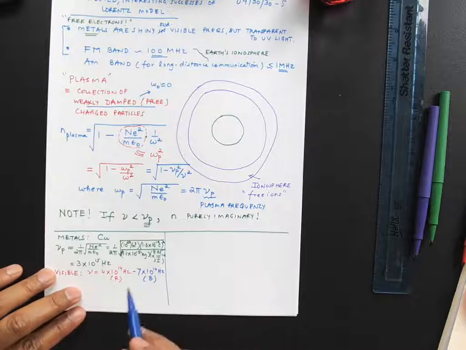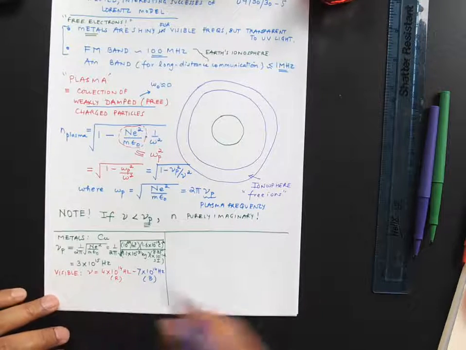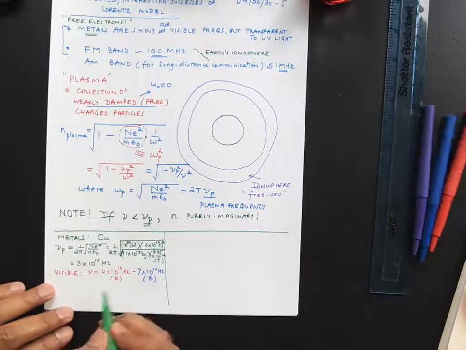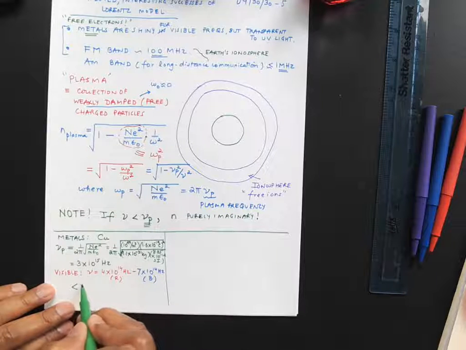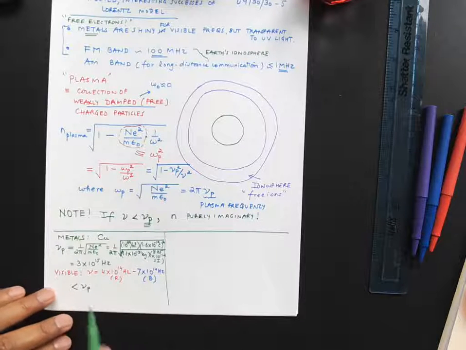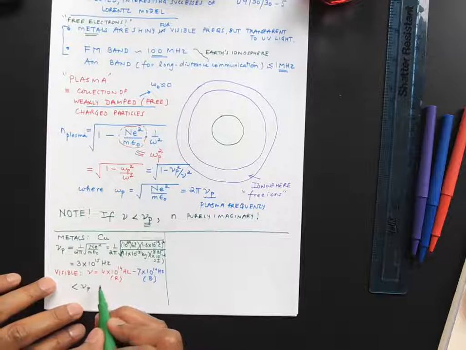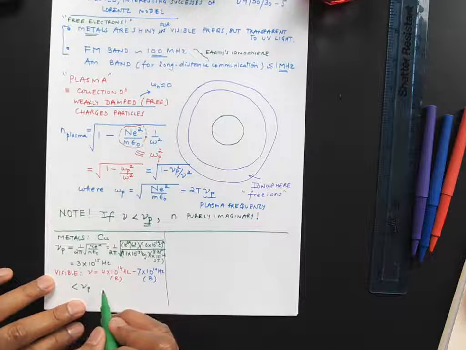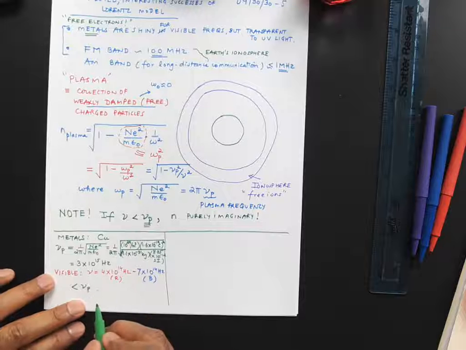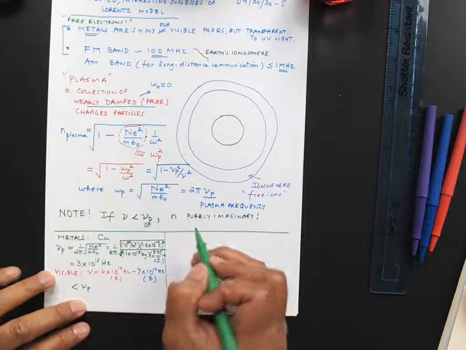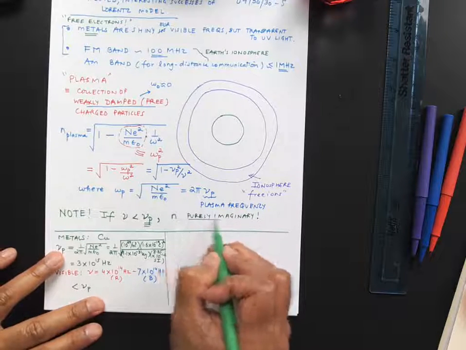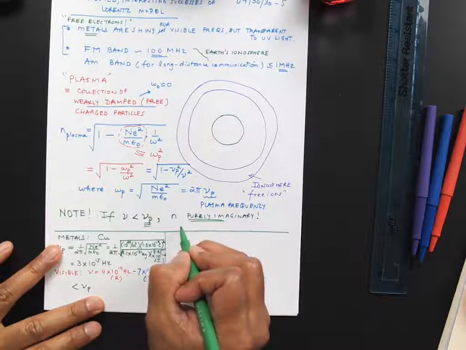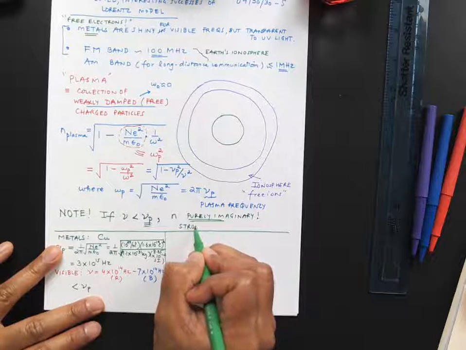But you notice that this stuff here is always less than nu p, the plasma frequency. So that's why the visible frequencies are very strongly absorbed, because purely imaginary means strong absorption.